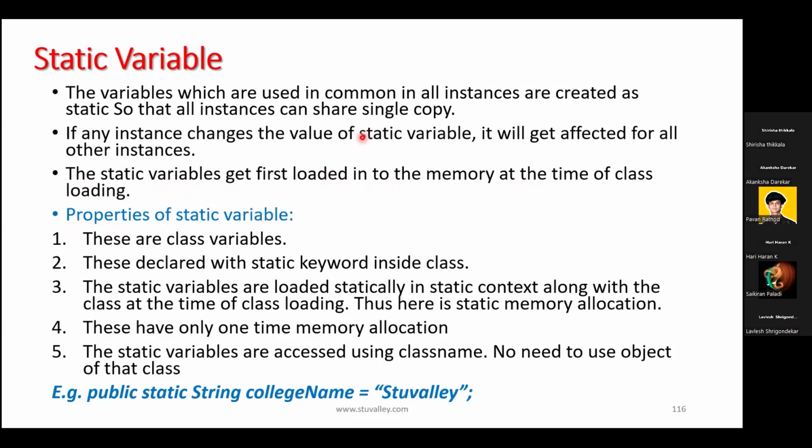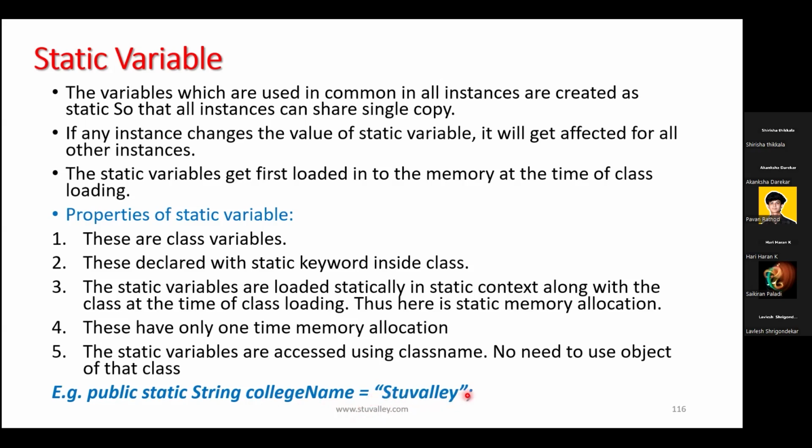So we will see one example. For example, you all have taken admission into the Stu Valley, right? For all the admission details, if I'm asking you the college name or any institute name, everyone is going to give the same name. No one is going to give different names. You have taken admission in one institute itself, right? So you are going to give the same name.